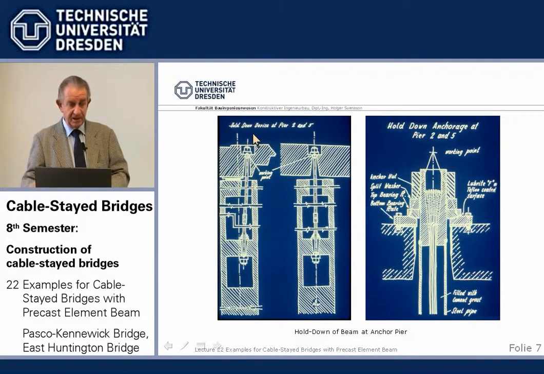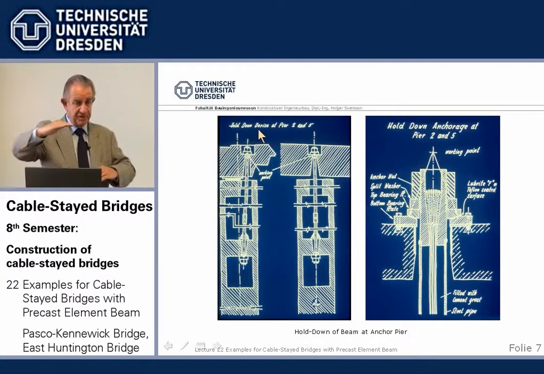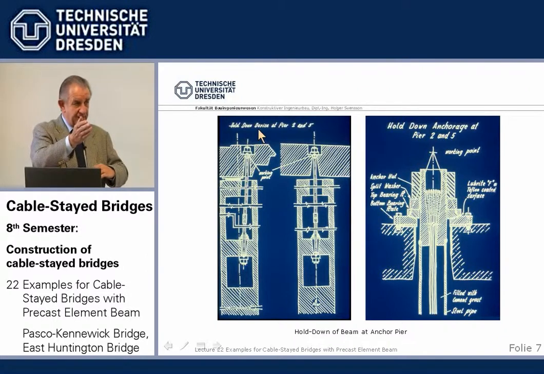And secondly, if we have a fixed cable and move it, I've shown you the second order theory in the first lectures, then very high stresses from second order theory occur.